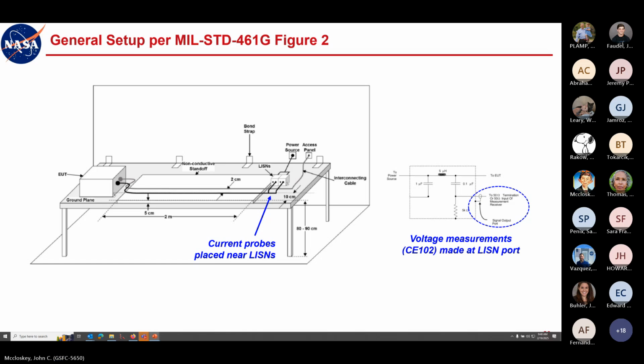So I think it's important to understand the CE102 test method, because you may encounter a platform where that's the required test. And we've had some programs come in and say that is what they are applying. And if you can't convince them otherwise, that they're holding the line and saying, nope, you're doing CE102, well, okay. That's what you need to do, and you need to understand how to do it properly.